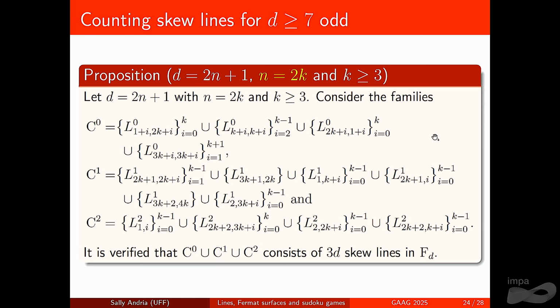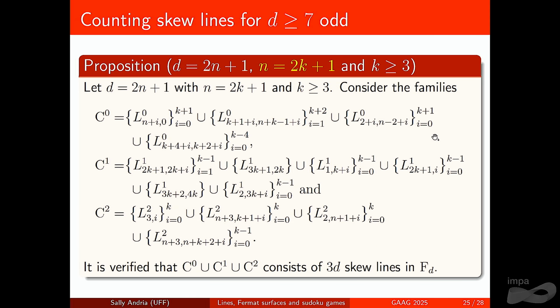But finally, we could generalize for the odd case when D is equal to n plus 1, when n is even. This beautiful set of lines gives us 3D skew lines. In the other case, when n is odd, we have these other families of skew lines.